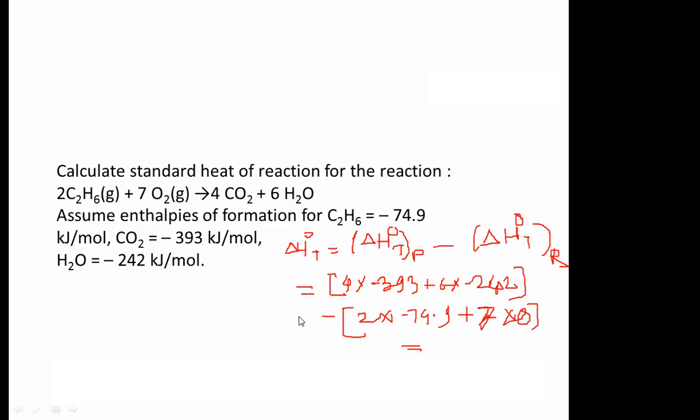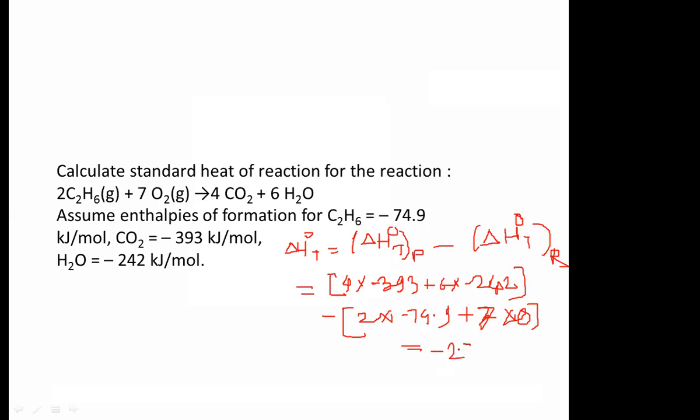Imagine you are getting different answers. Minus 2874, I think, is correct. Just check. Oxygen will be 0, then 2 into... minus 2874.